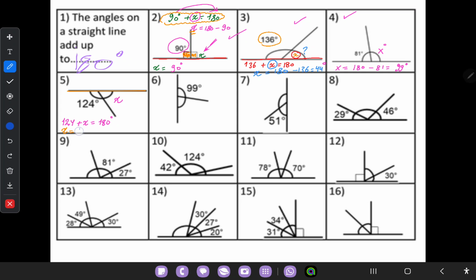Yes, very good. 124 subtracted from 180. You can't do that, so you have to carry. That would be 6, 5. So 56 degrees. Yes, very good. The next one.